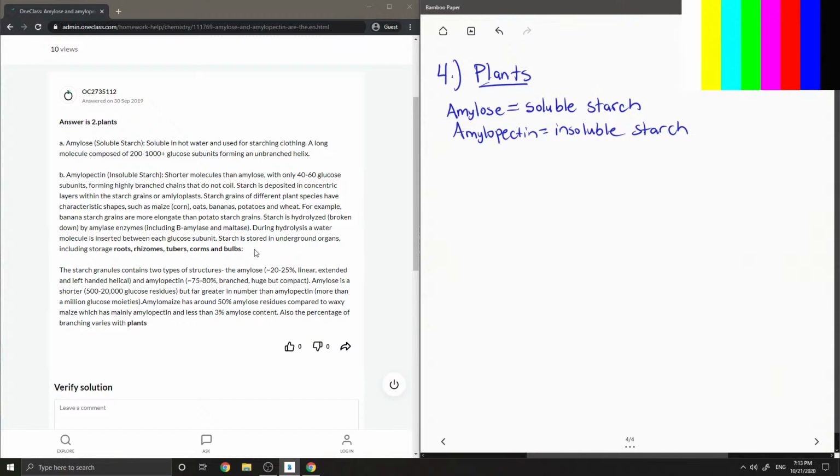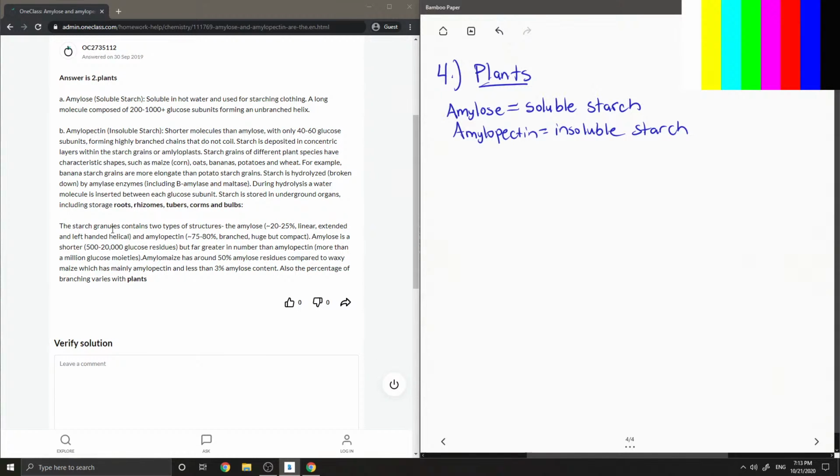So starch is then stored in underground organs, including storage roots, rhizomes, tubers, corms, and bulbs. So the starch granules contain two types of structures, the amylose and amylopectin, and the amylose is shorter but far greater in number than amylopectin. Amylomaize has around 50% amylose residues compared to waxy maize, which has mainly amylopectin and less than 3% amylose content.